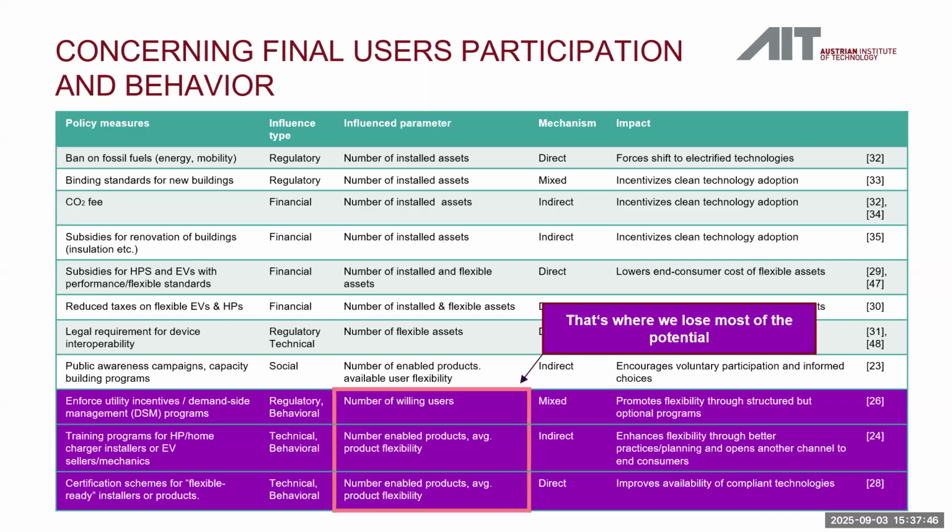And what's also, in our opinion, very important are training programs for heat pump installers or also home charger installers, because if people can talk with professionals directly, then it also enhances the trust. And it's also important that the installers, of course, know about flexible components in the future, and certification schemes for flexible-ready products or installers would also be helpful.